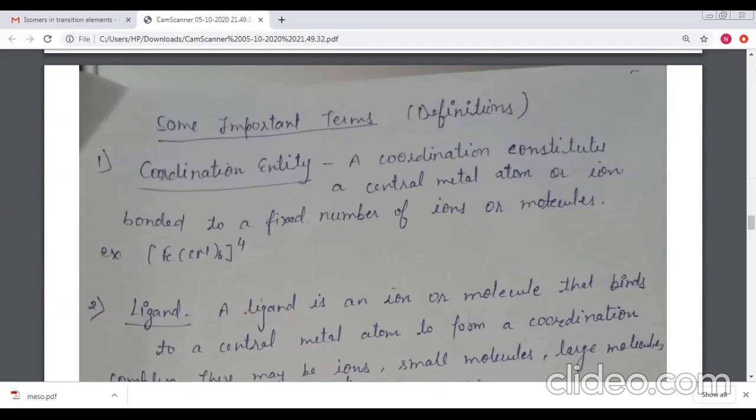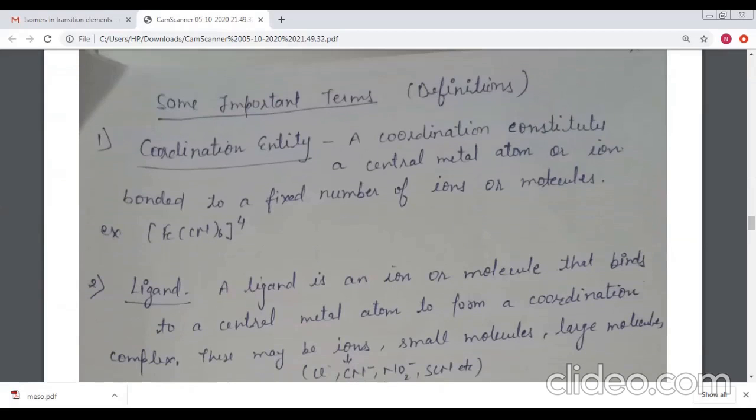Now I come to the next topic, which is related to isomerism in transition metal compounds. It is very important, and before studying this topic, I want to discuss some important points related to coordination compounds or coordination chemistry. Here the first term is coordination entity.